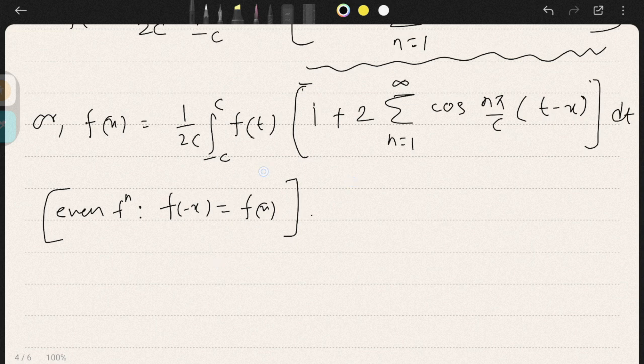So the expression for f can be written as 1 by 2c. We include this 1 inside the summation.